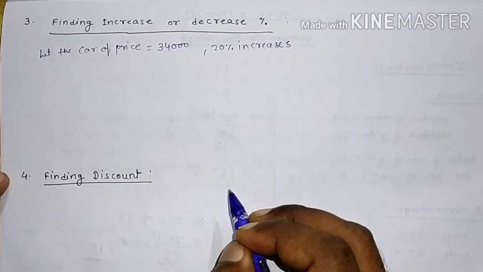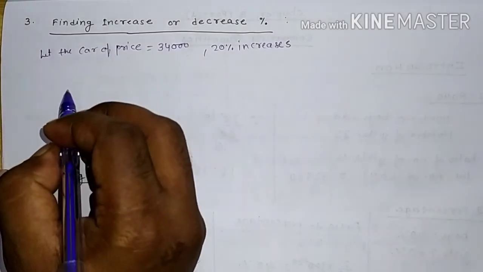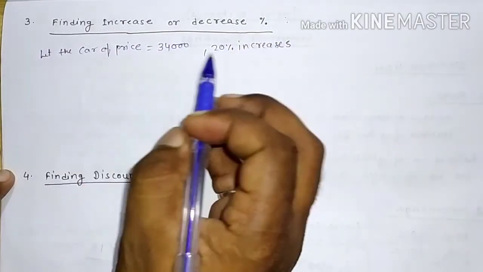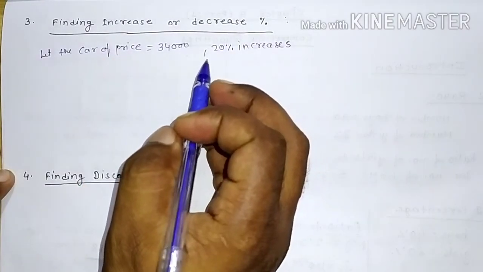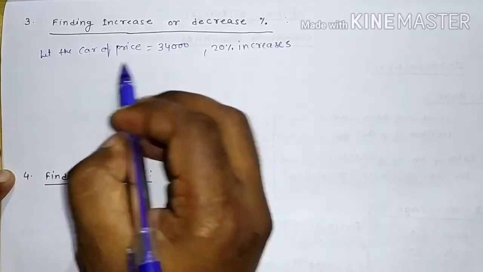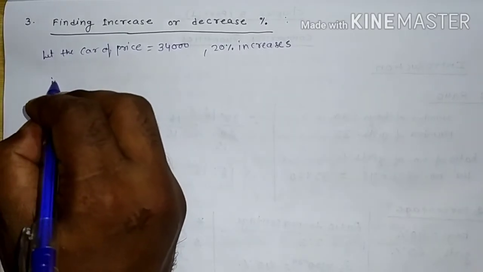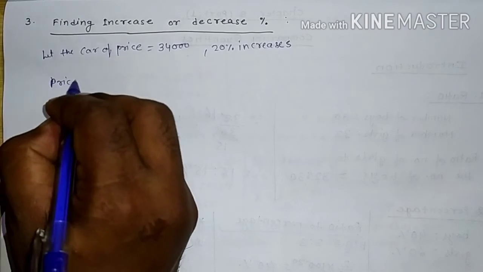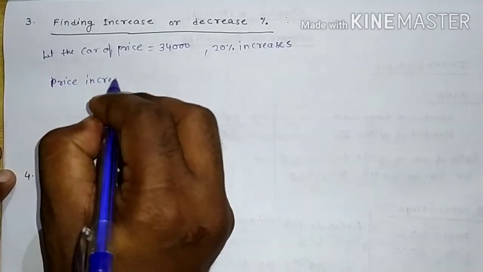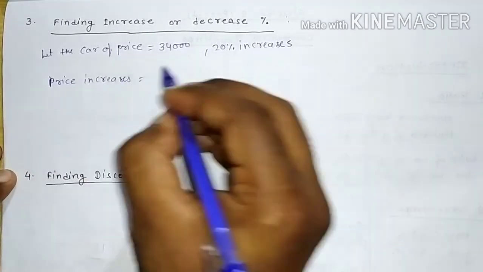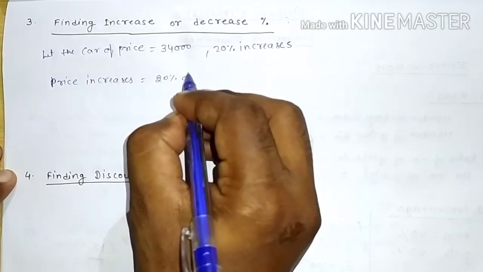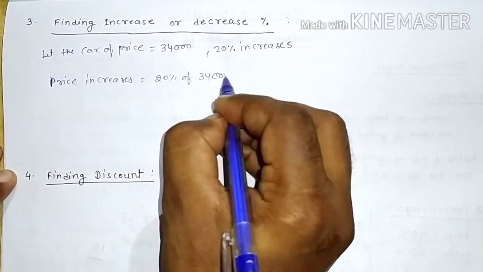So simply we can find the price increase. How much does the price increase here? 20% of 34,000. Price increase equals 20% of 34,000.